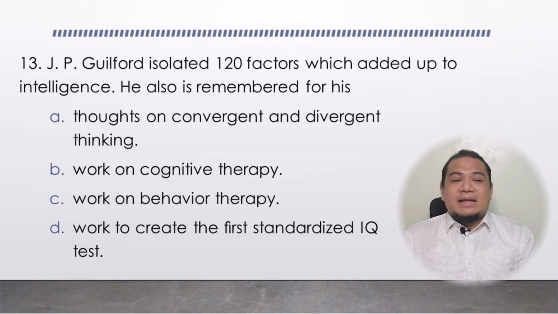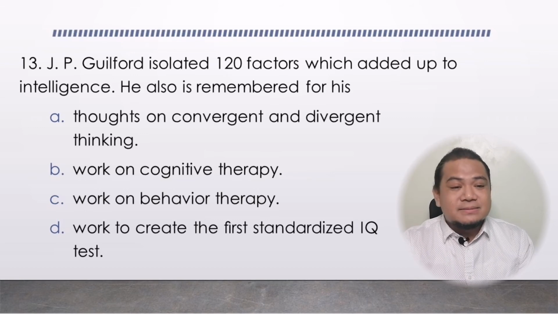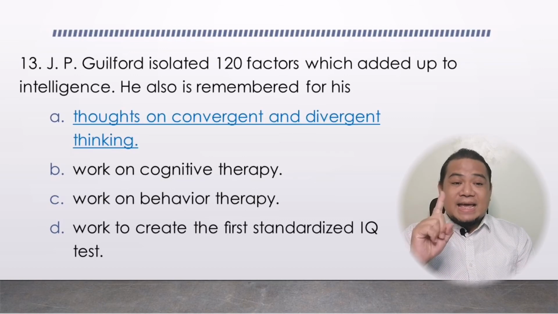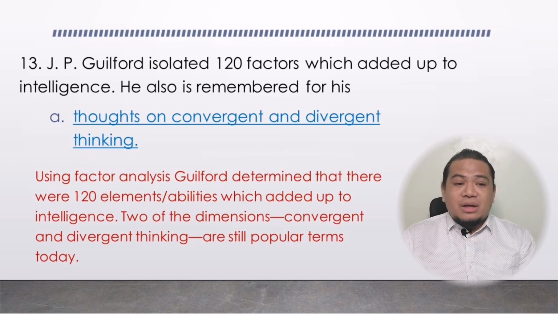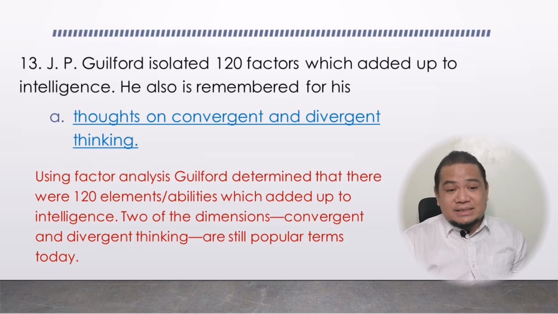Number 13, J.P. Guilford isolated 120 factors which added up to intelligence. He is also remembered for his letter A, thoughts on convergent and divergent thinking. Using factor analysis, Guilford determined that there were 120 elements or abilities which added up to intelligence.